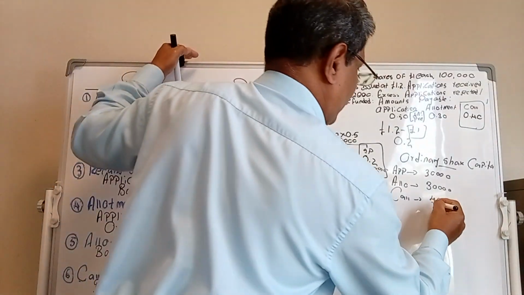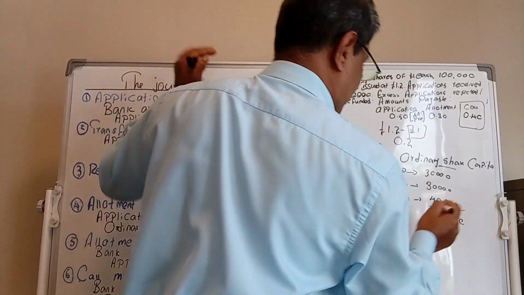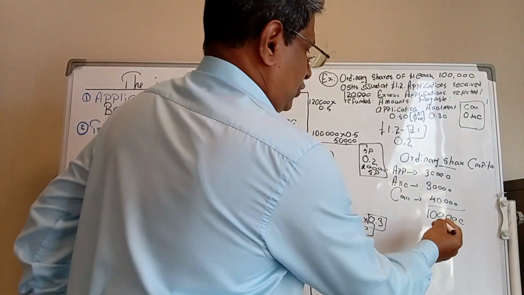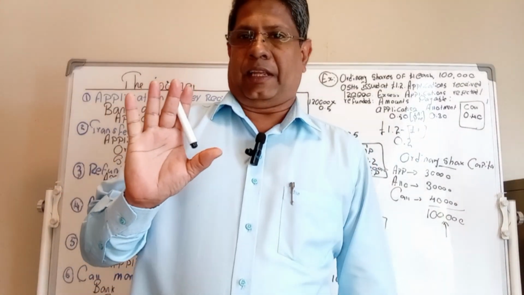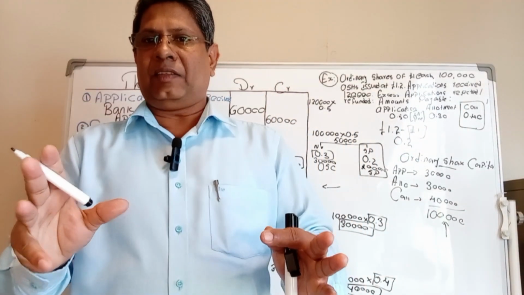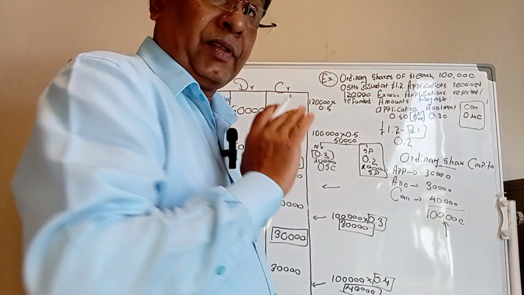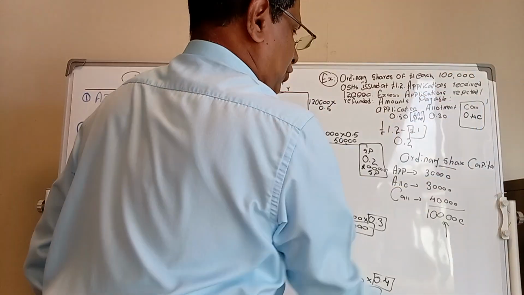Total we collected was 100,000. Remember, the secret is the amount you get in the ordinary share capital if there was no opening balance. So don't mistake me. If there was no opening balance, if you have only issued 100,000 ordinary shares, I'm only talking of this 100,000 shares issued.